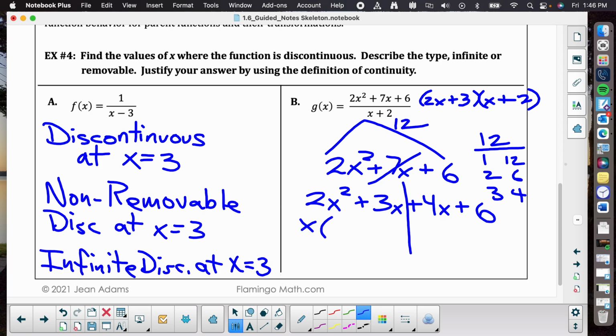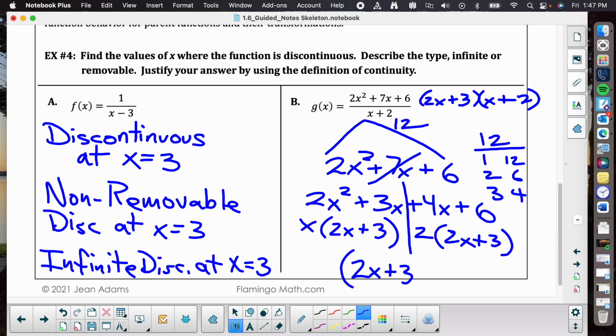X is the only thing in common; 2 is the only thing in common. Both sides have 2x plus 3 in common. And then you write what was in front of both of them in the other one. And you got the same thing I did up there in 10 times the length of time.